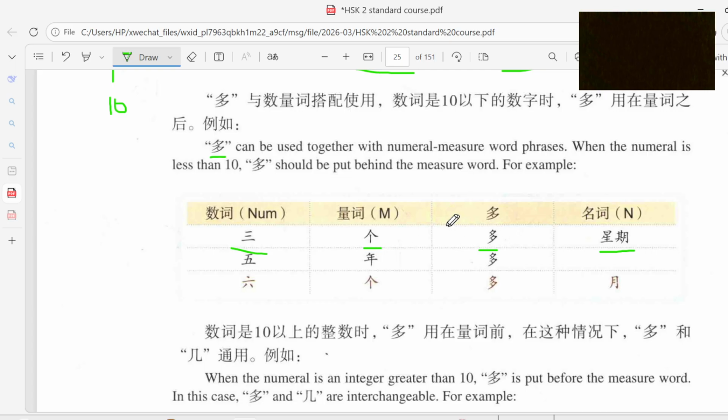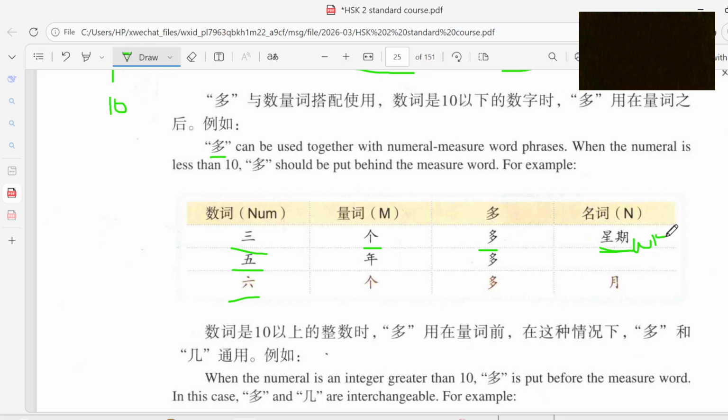Duo is also kind of similar to ge, but it is used with a numeral like san, wu, which is number 5, then liu. The numeral is less than 10. Do you know what xingqi means? Xingqi is a week.